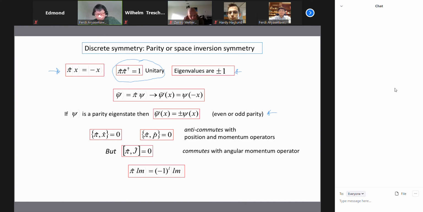So the commutativity of the parity operator and the angular momentum operator means then we can choose simultaneous eigenvectors of L and pi.